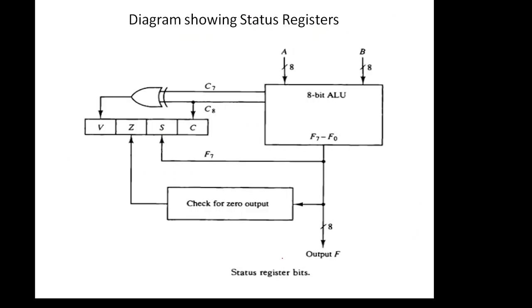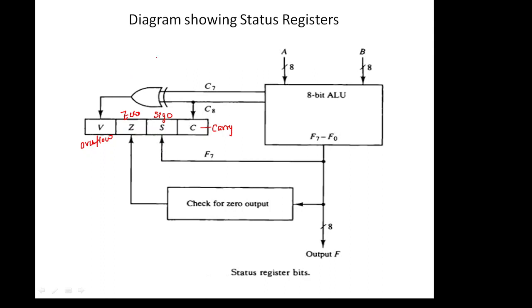This is the diagram showing the status registers. Here we have 4 flags: C is the carry flag, S is the sign flag, Z is the zero flag, and V is the overflow flag. These are the different flags.